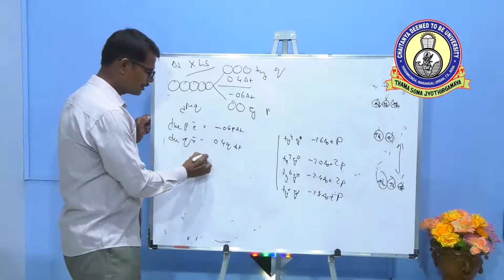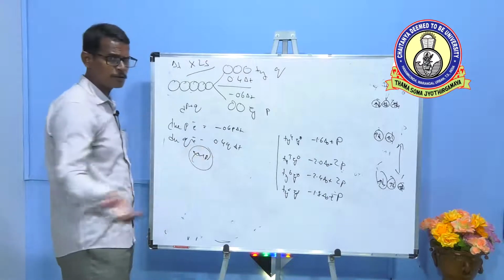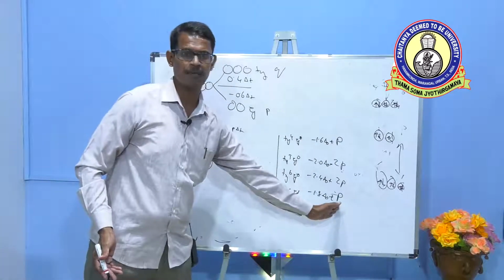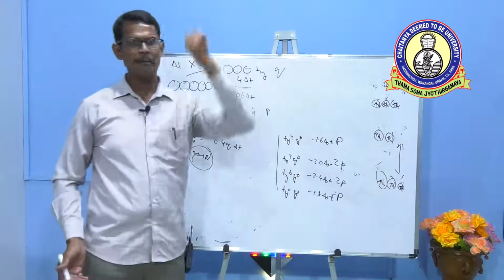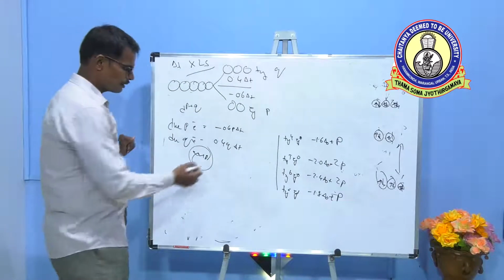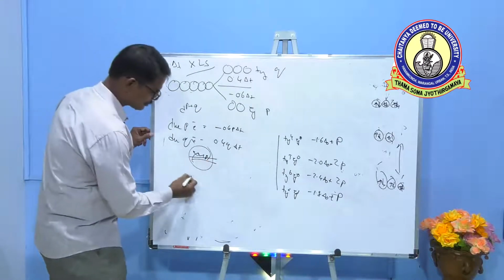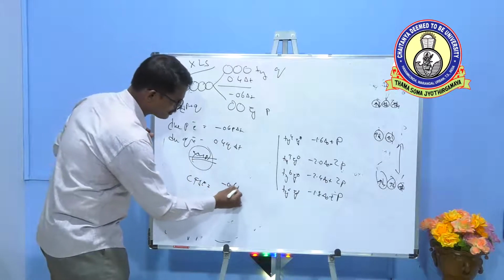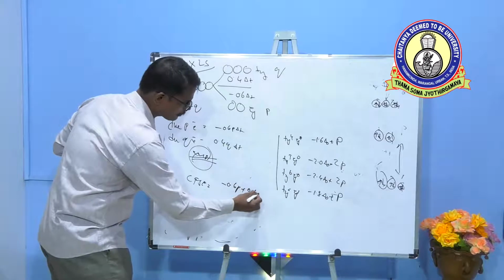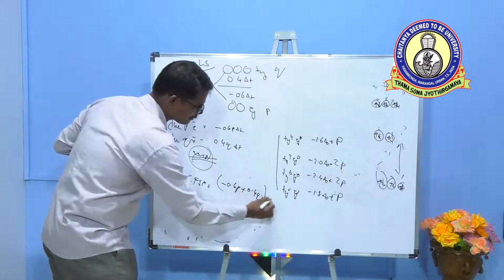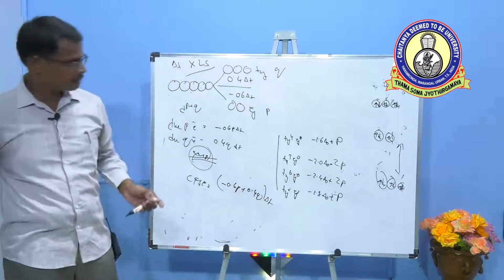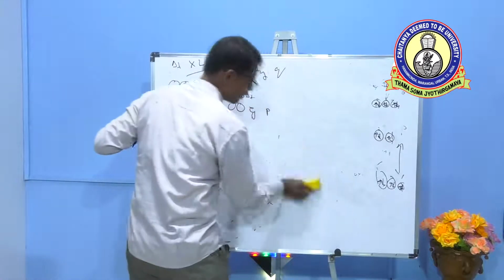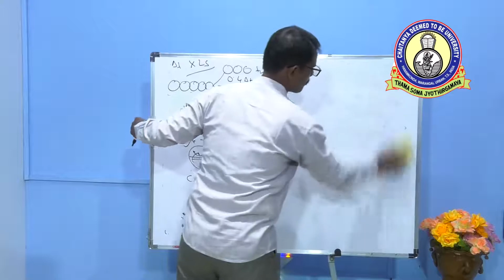Since there is no low spin complex, there is no pairing energy term, so P terms are not present. So CFSE is equal to minus 0.6 p plus 0.4 q delta T for the tetrahedral complex.